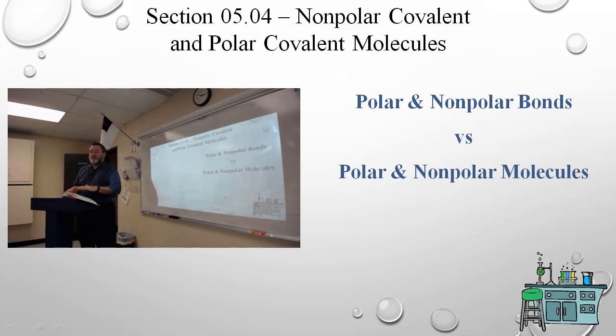Now for our purposes in this course, we're just teaching it that if you have two elements sharing an electron and they're not the same element, there's going to be some difference in the electronegativity. And that some difference is going to make it polar. Whether it's just a minor polar or a huge polar, we're not getting into that. It's just going to be considered polar or nonpolar. Kind of like the stair-step line. If it's to the right, it's a nonmetal.